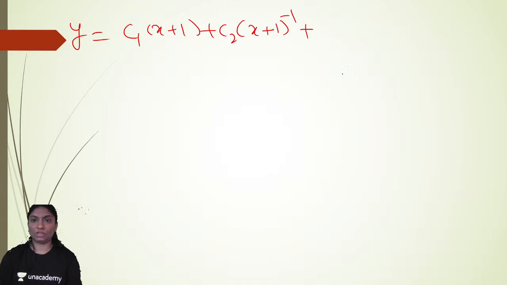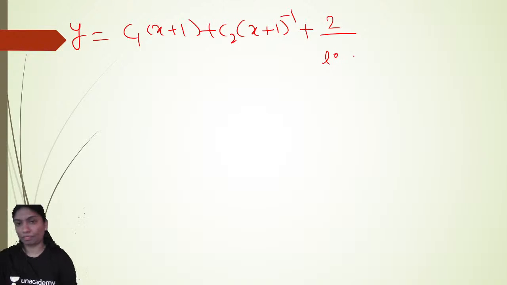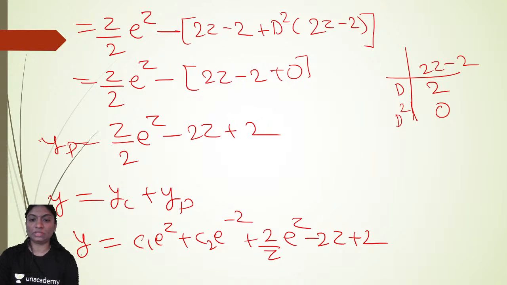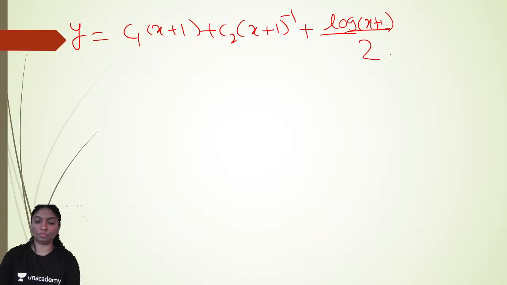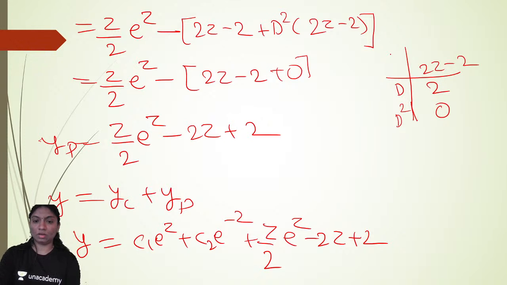Z by 2 into e raised to z, it means again log of x plus 1. Here z is log of x plus 1 upon 2 into e raised to z.